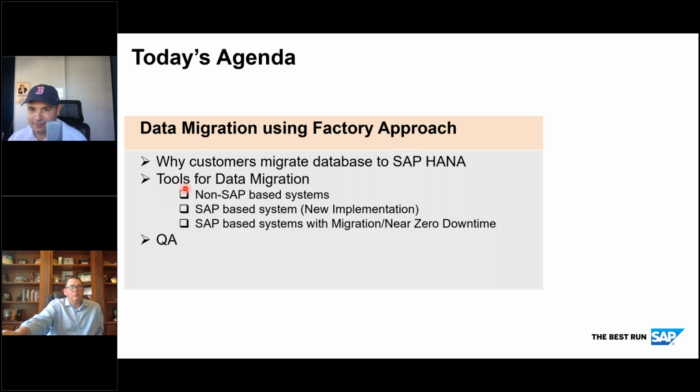From the migration tools perspective, I divided it up into 3 categories. One is our non-SAP solutions, based on non-SAP databases and non-SAP applications. Then there are SAP solutions, which could be what we call a new implementation. For example, let's set up a new HANA box and move the data to it.